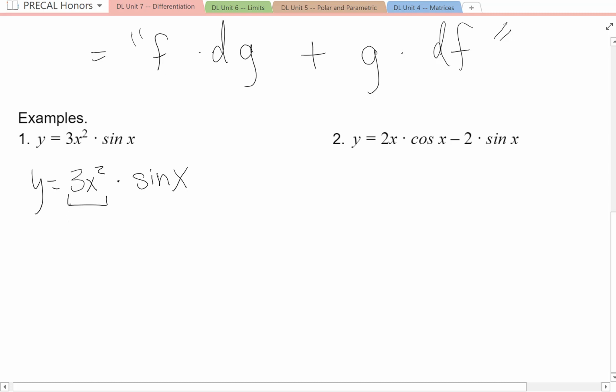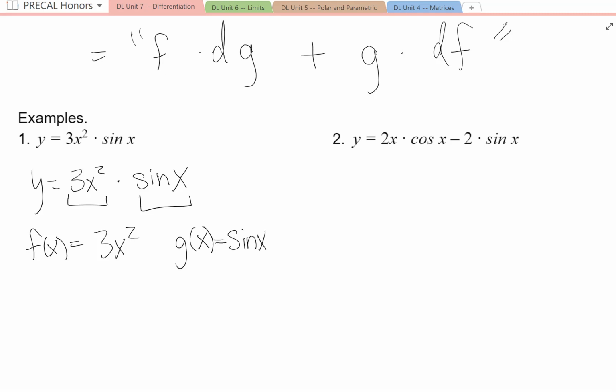So the first function is 3x squared. We'll call that f of x. And our second function is going to be called g of x, and that would be sine x.